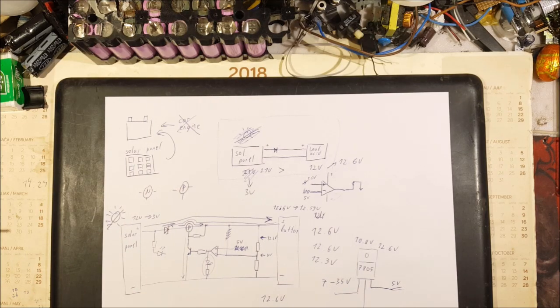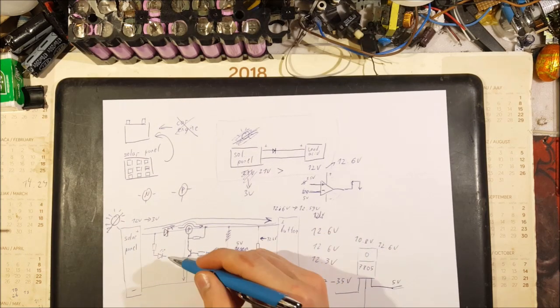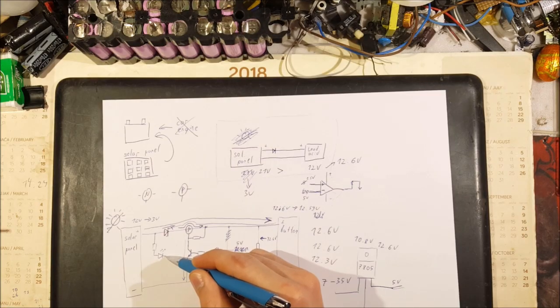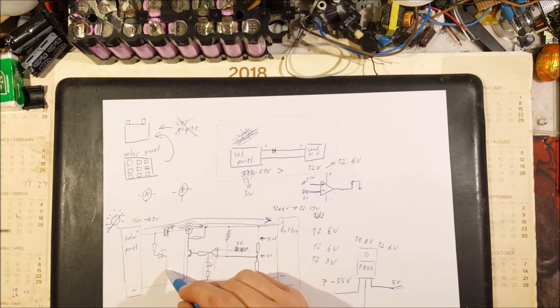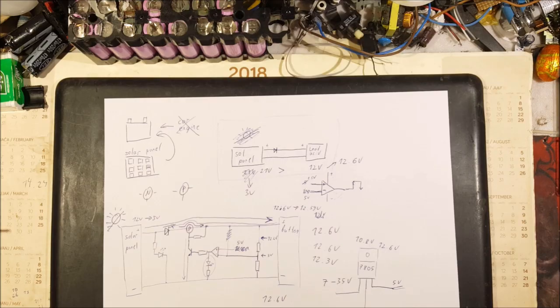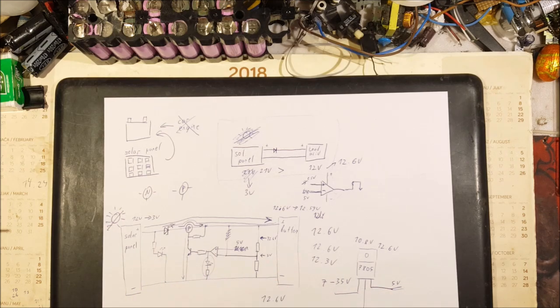Meaning that now if we connected the other side of this diode directly to ground, we would have a diode which is only glowing when the solar panel is generating voltage, meaning that only when the sun is out this LED will be lit up.